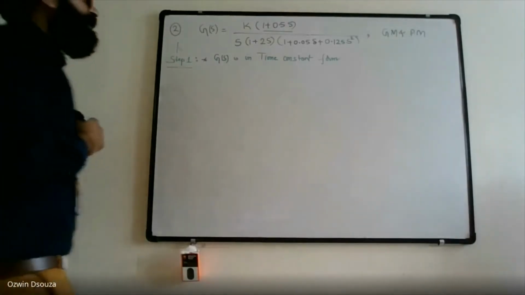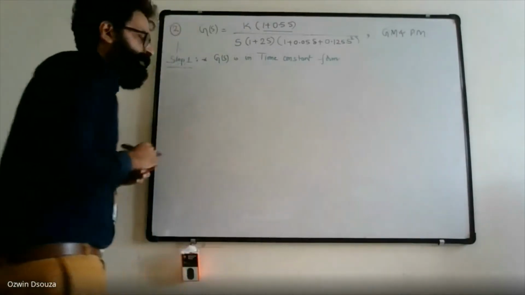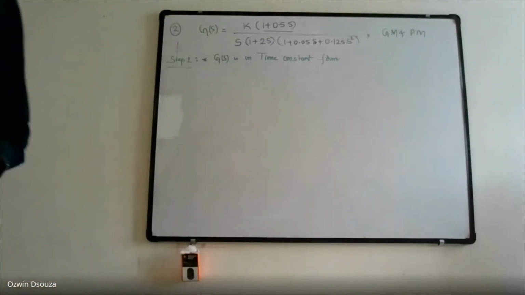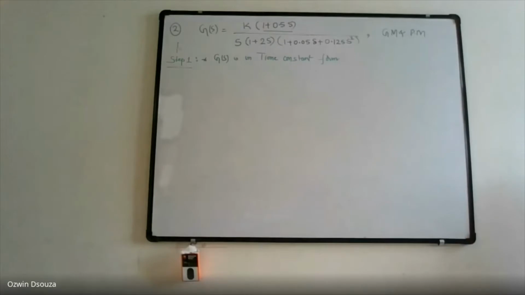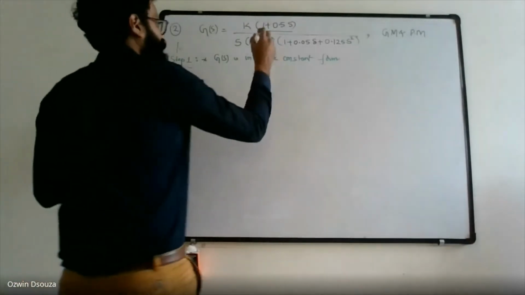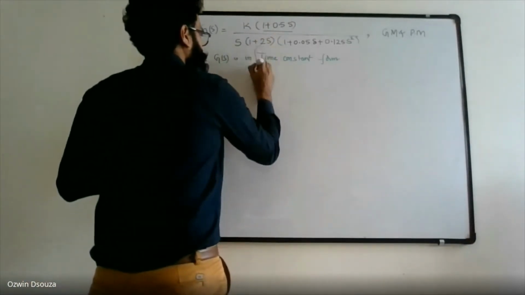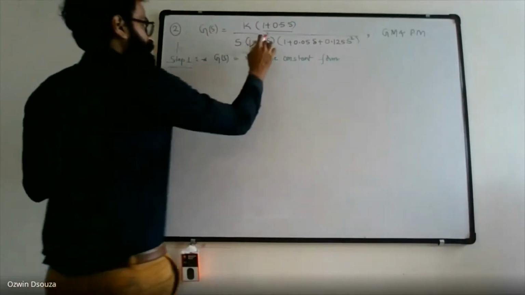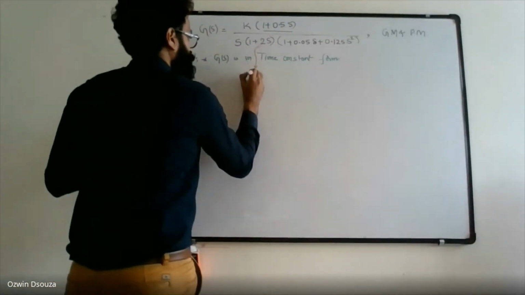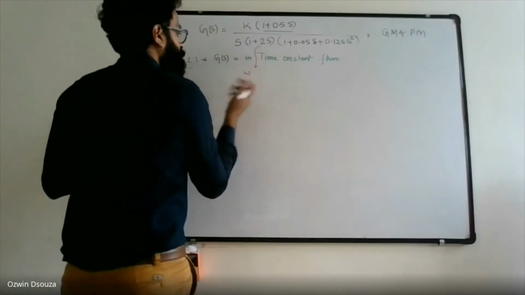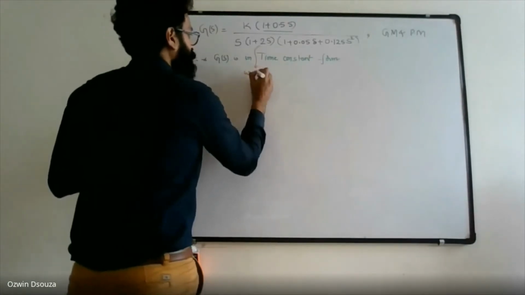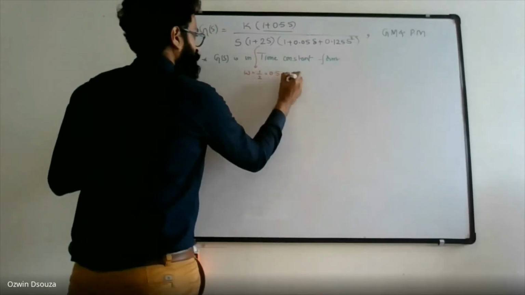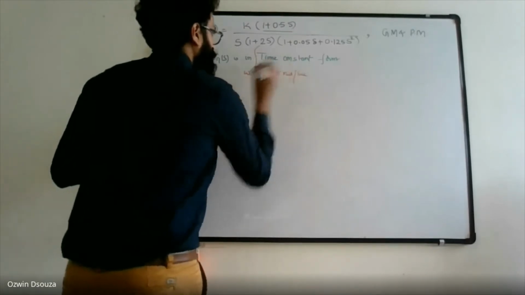In step 1 itself, you can determine the corner frequencies, which are the reciprocal of the time constant. For this factor, omega equal to 1 by 2, or 0.5 radian per second.